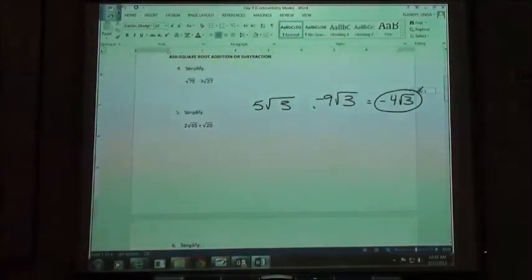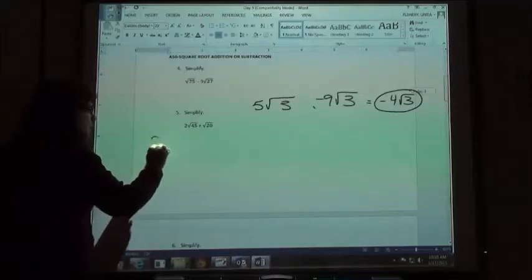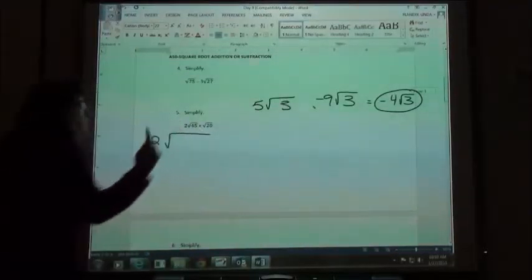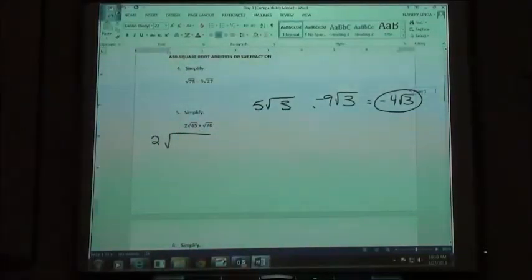So number 5 there, we have 2 square root of 45. I'm going to leave the 2 for now. I'm going to factor the square root of 45. Biggest perfect square that divides into 45?